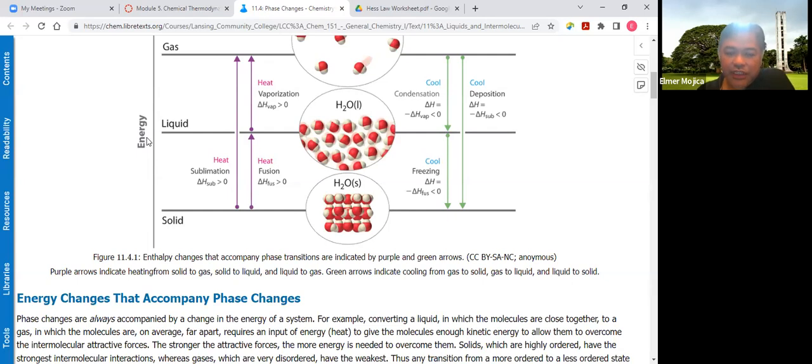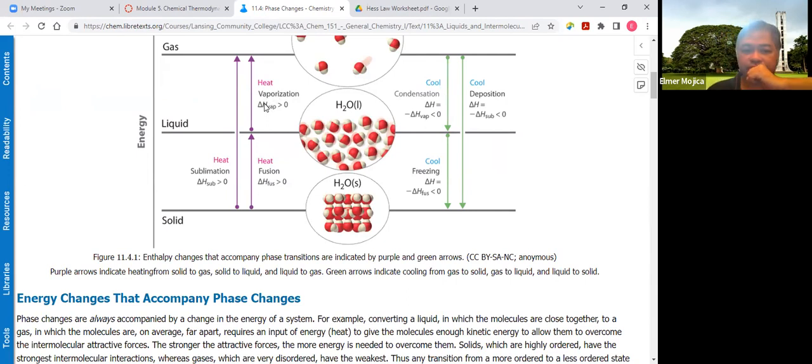So increasing the energy means applying energy to it. Okay, the amount of heat that is needed to convert a solid phase into a liquid phase is what we call the heat of fusion. Now the amount of heat that is needed to vaporize a liquid phase to the gas phase, that is what we call heat of vaporization.